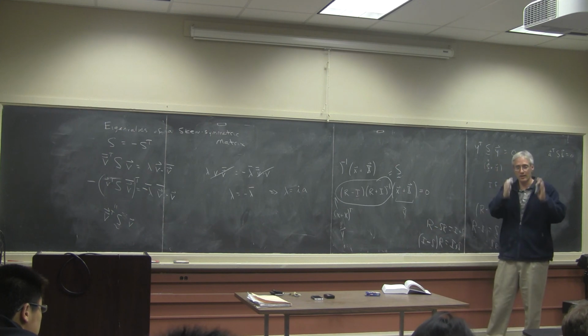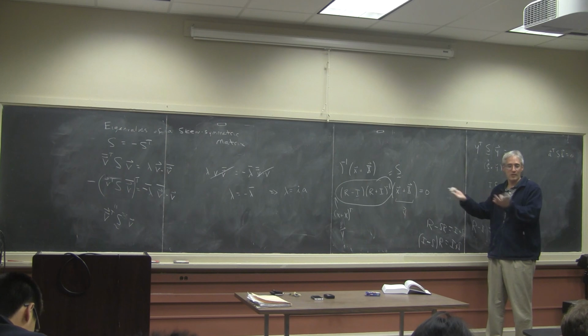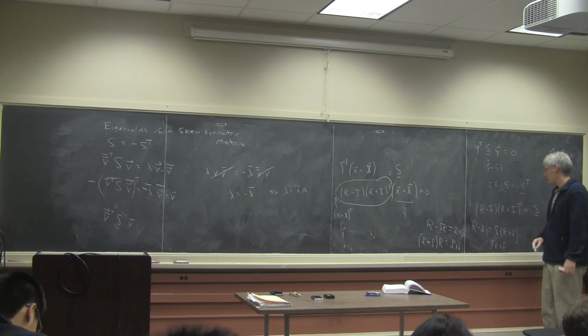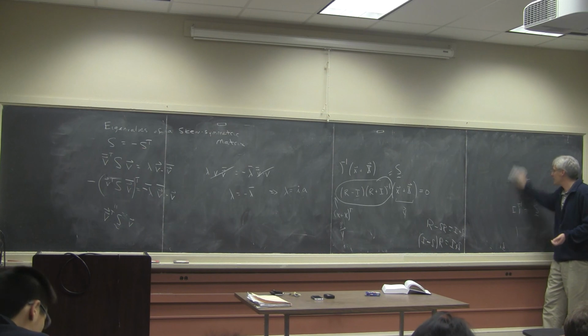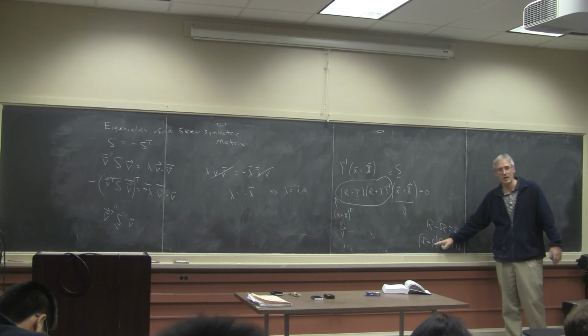You can't take a pure imaginary number and shift it by a real number to make it 0. That's maybe too much detail for this hour in the afternoon, but what it means is that we can invert this matrix.